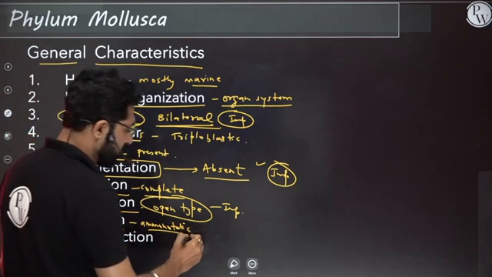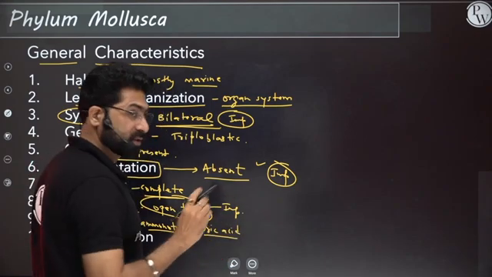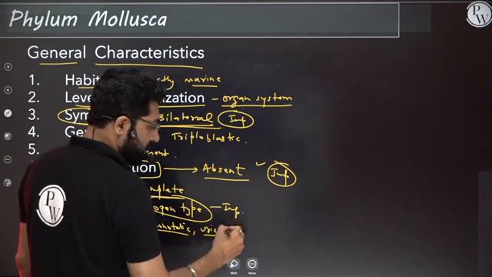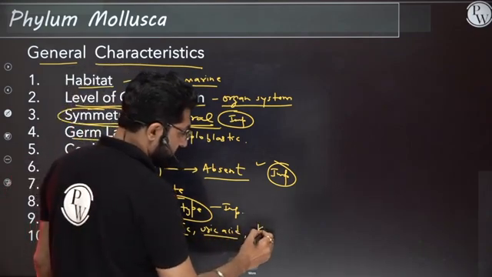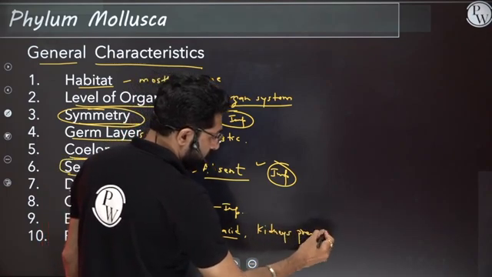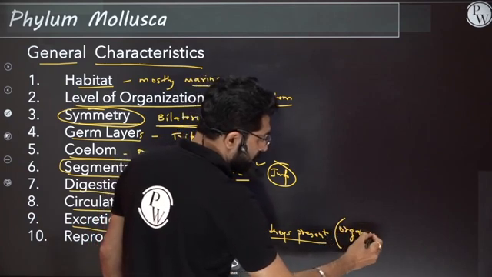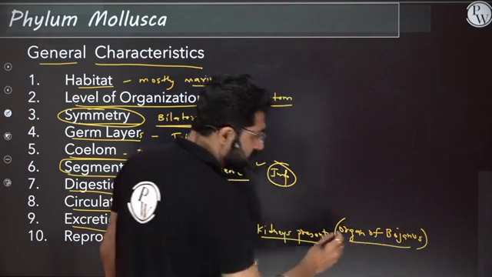And sometimes they secrete uric acid also. Some molluscans secrete uric acid also. So in that way they are uricotelic also and ammonotelic also. And kidneys, they have kidneys present. Sometimes we call it the organ of Bojanus. Is it clear with you?